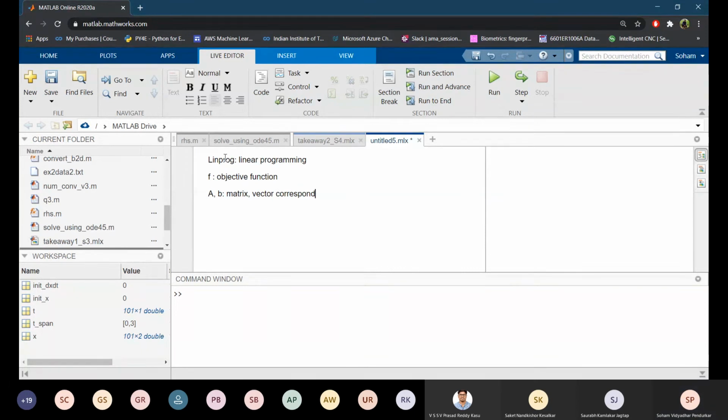corresponding to inequality constraints. And AEQ, BEQ, matrix and vector corresponding to equality constraints.